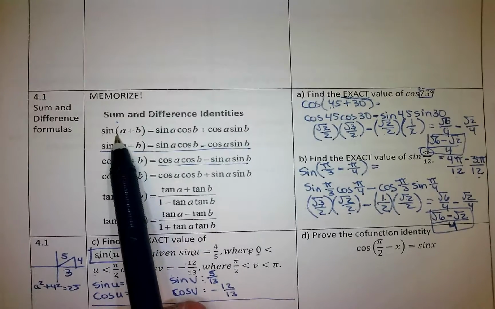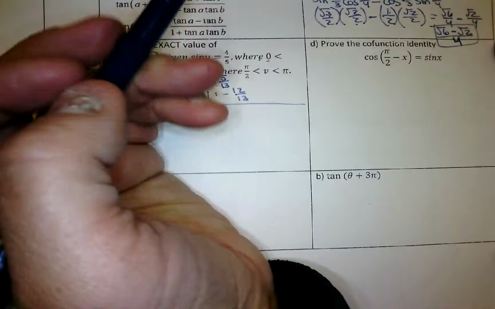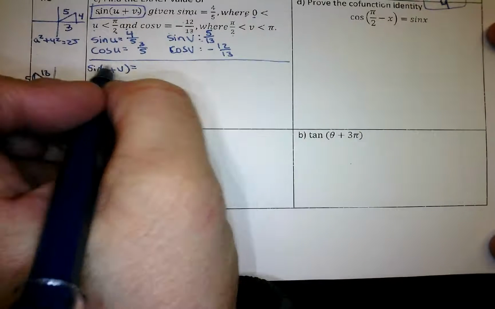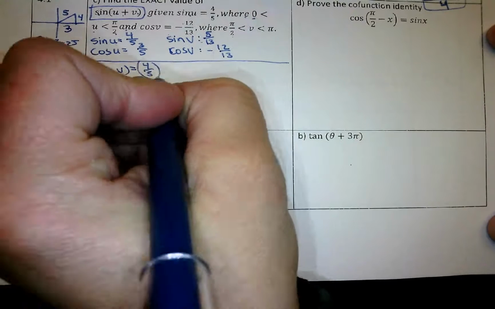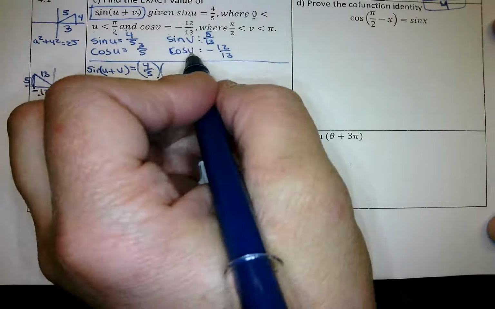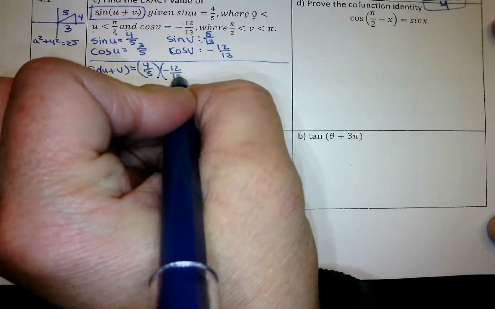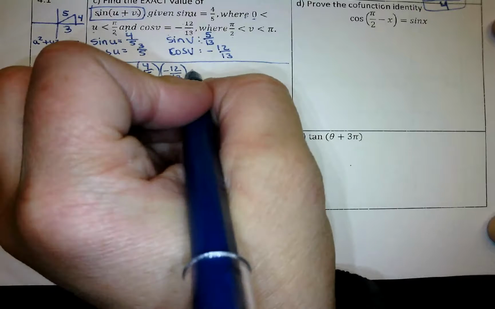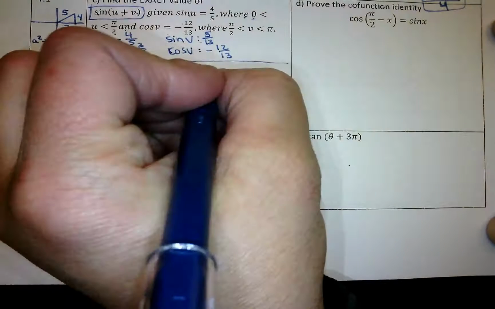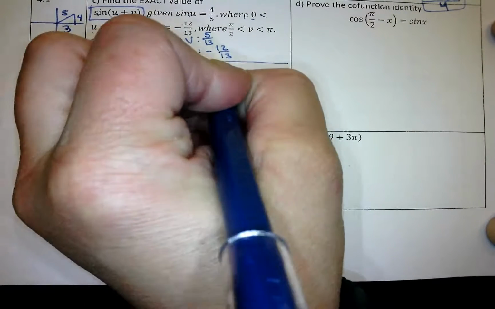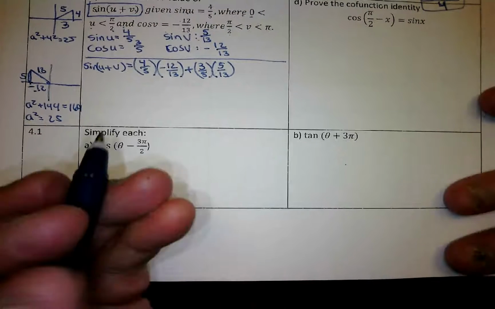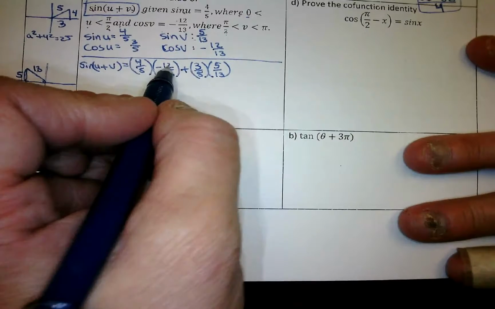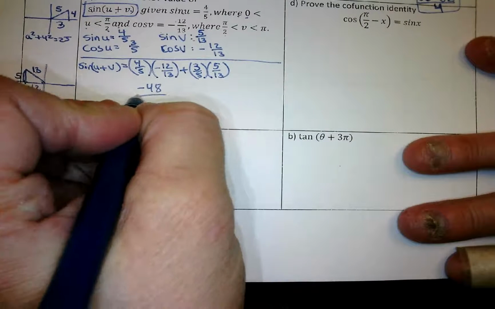So it's going to be sine of u, which we know is 4/5, times cosine of v, which is negative 12 over 13, and then plus cosine of u, which is 3/5, times sine of v, which is 5/13. So now I'm just going to do the math. 4 times negative 12 is negative 48. 5 times 13 is 65.